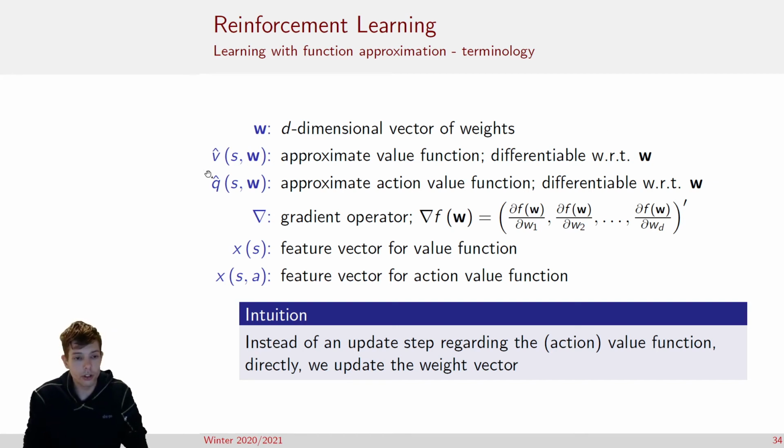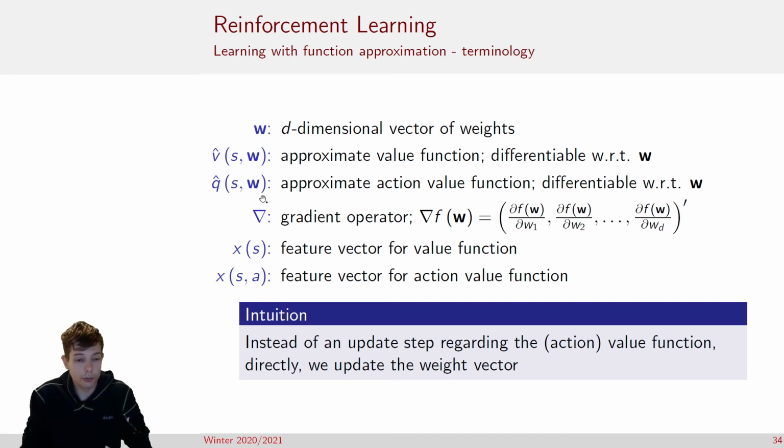The value function V hat is then the value function of a certain state with this vector of weights W. This is an approximate value function, and it is differentiable with respect to the weights. For example, you could think of V hat as a linear regression. Then if you take the derivative with respect to one of the weights, that would be possible.